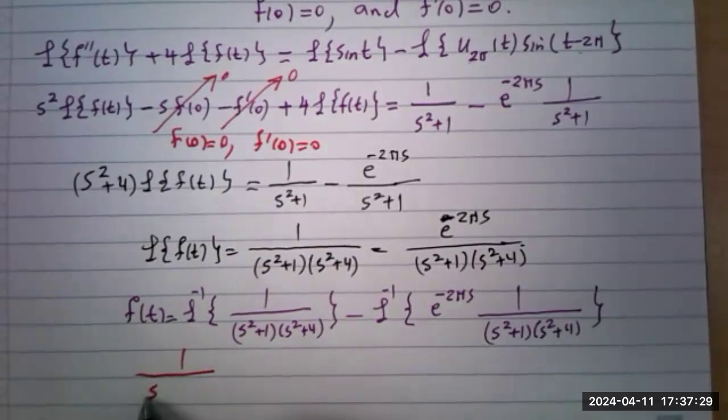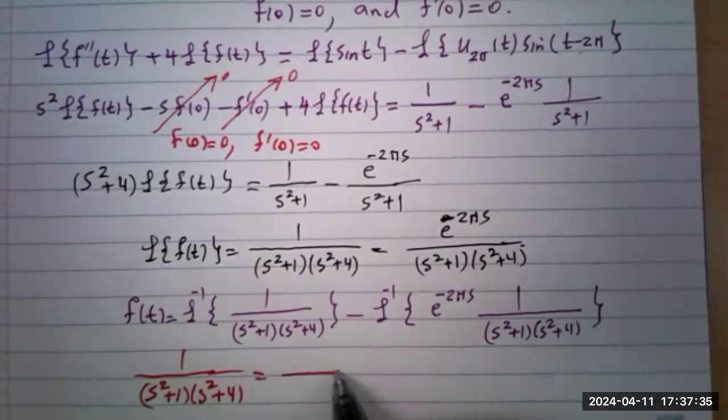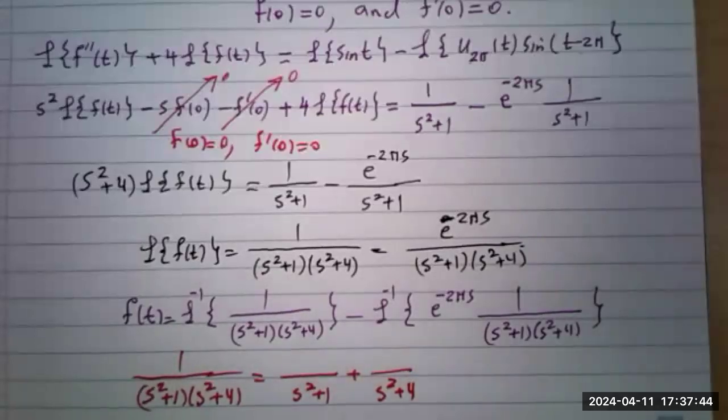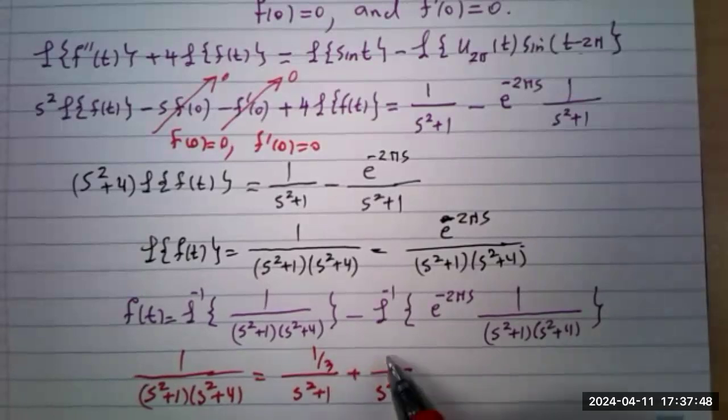We did it before. s squared plus 1 times s squared plus 4. Again, those short forms that we just did. s squared plus 1, s squared plus 4. Those are 1 and negative 1. This is exactly the one that I did. So this is the 1/3 and the negative 1/3.